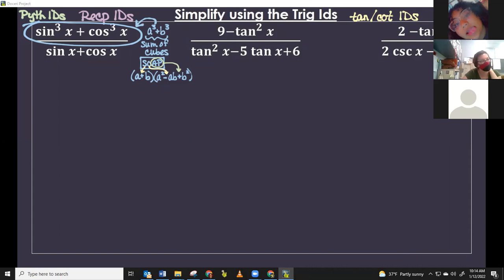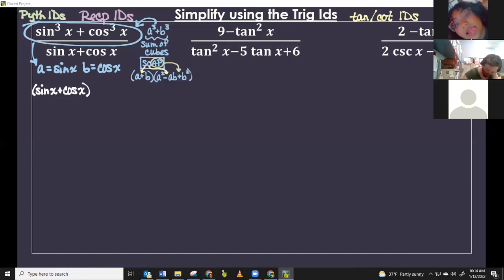The cubed root of sine cubed x, so my A value would be sine x, and my B value would be cosine x. So I'm going to follow this same pattern from a sum of cubes. So I would have sine x plus cosine x for same. So there's my first factor.